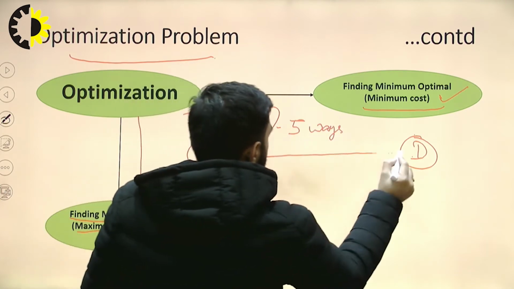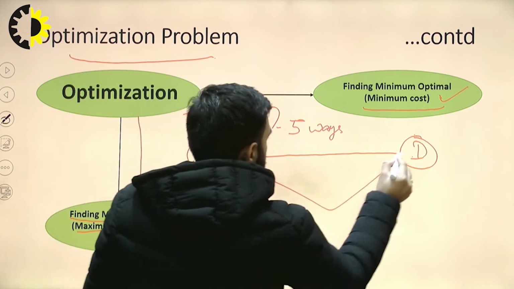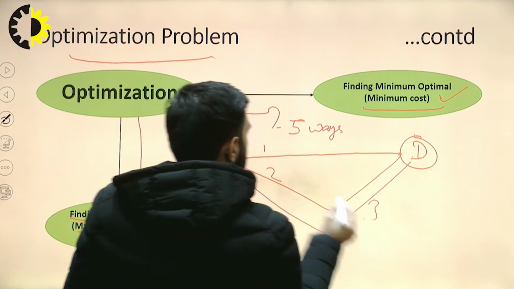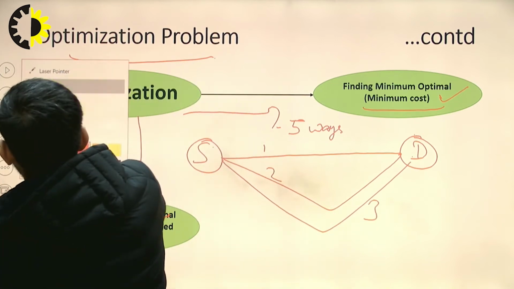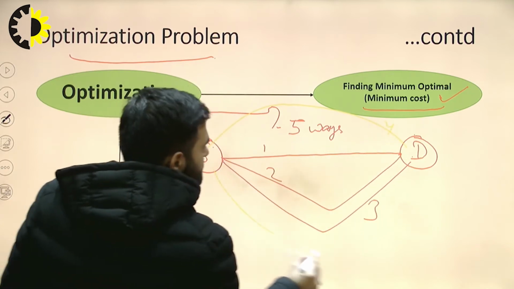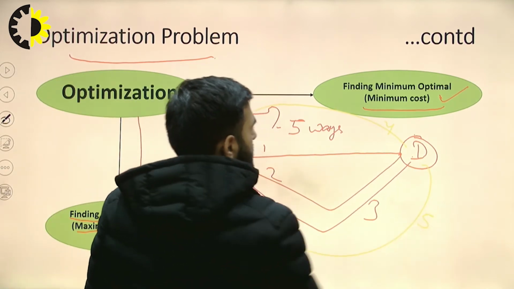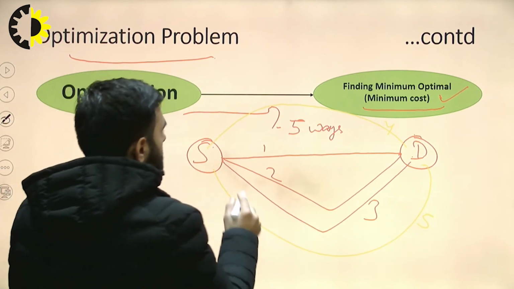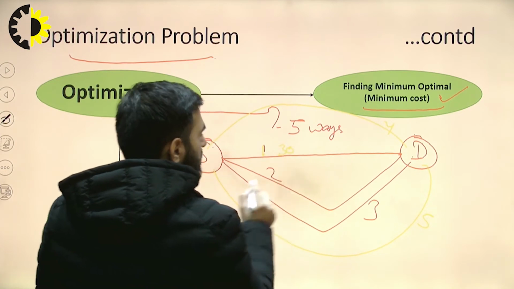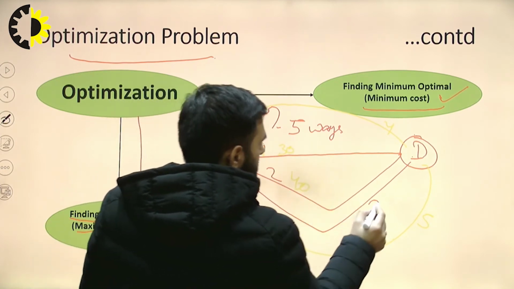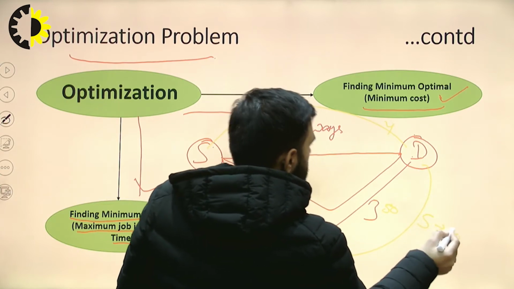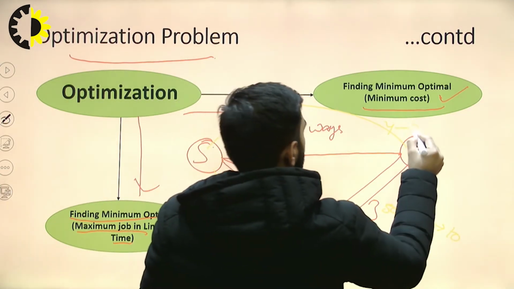First is this direct one, this one, 1, 2, 3, 4 and 5. Suppose path 1 has a cost of 30, 2 is 40, 3 is 50, 5 is 10, 4 is 20.